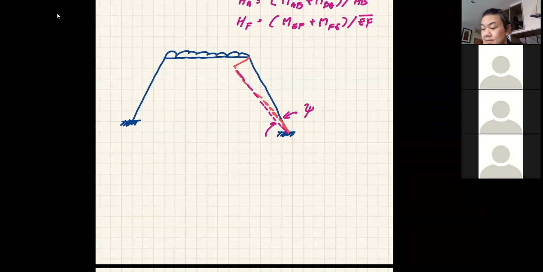right? But then let's say we assume that the whole thing goes to the left. That means the left column, let's call it a column, will go to the left as well. And because we say that the axial deformation is negligible, if I say this guy goes with delta, it means that this joint must move with delta as well.